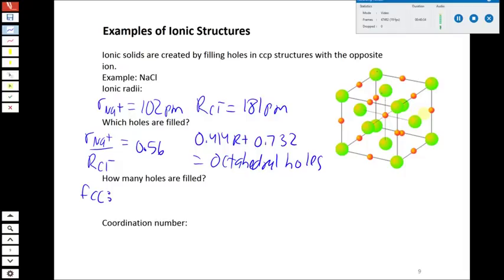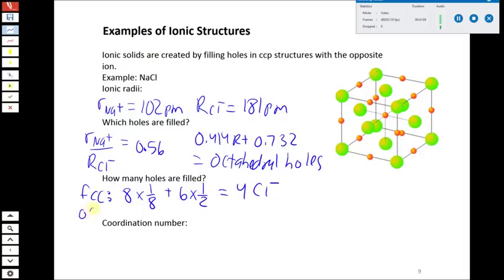And last time we also talked about how to count the ions in a face-centered cubic structure. In the face-centered cubic lattice, you have 8 corners, and each of those counts as 1/8, because they're shared by 8 adjacent unit cells. We also have 6 faces occupied, and those each count as 1/2. So there's going to be a total of 4 Cl- in the structure. That's how many chlorides are in the structure, because all the face-centered cubic positions are occupied.